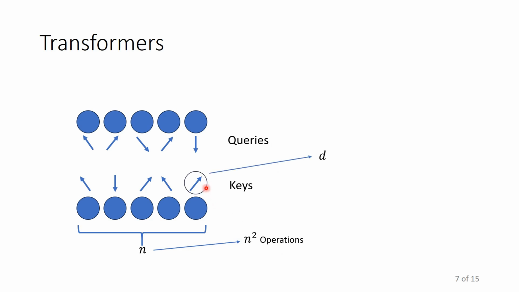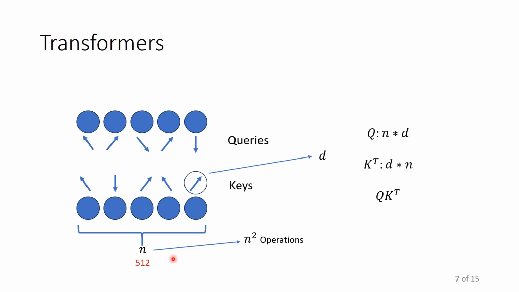And if we consider the embedding dimension of each vector is d, we will have the query matrix n by d, the key transpose matrix d by n, and the dot product between them, query key transpose, will be an n by n matrix.